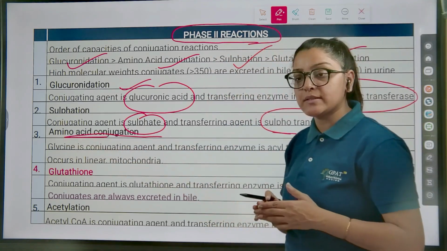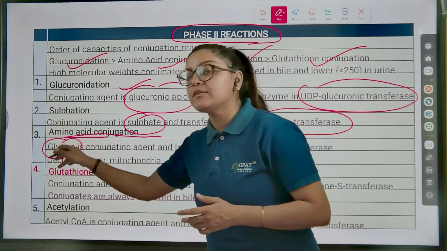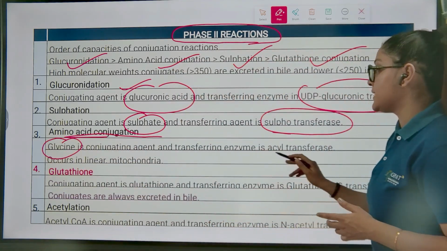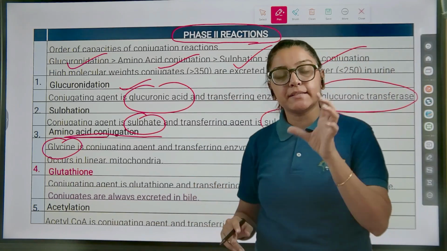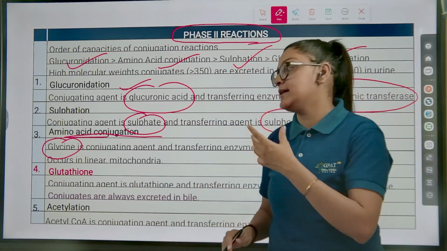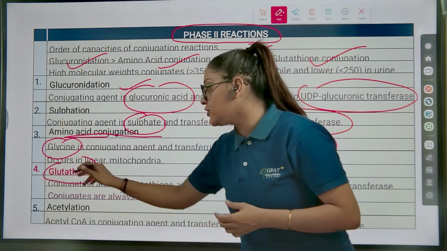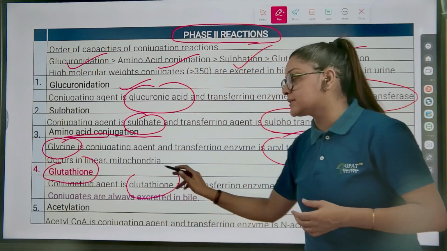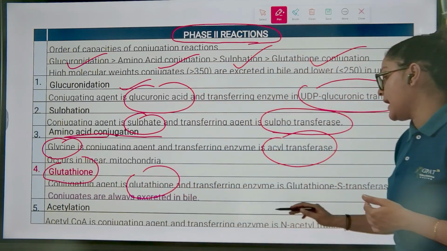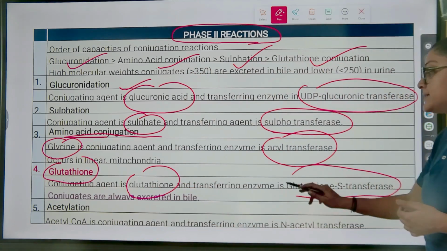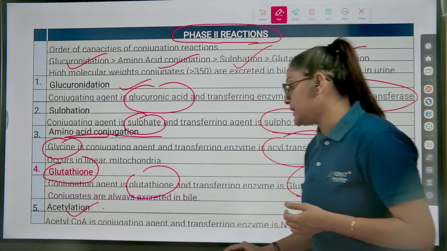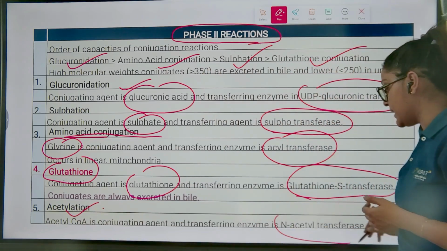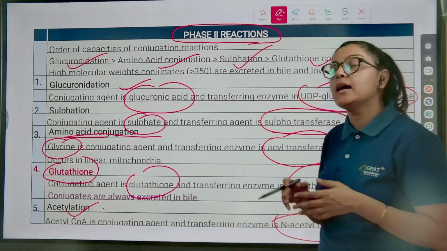We have amino acid conjugation in which glycine will be the conjugating agent and the transferring enzyme will be acyl transferase. Similarly, in acetylation, it will be N-acetyl transferase. We have glutathione as the conjugating agent and the enzyme will be glutathione S transferase. Next, we have acetylation, where the acetylating agent binds with the help of N-acetyl transferase.